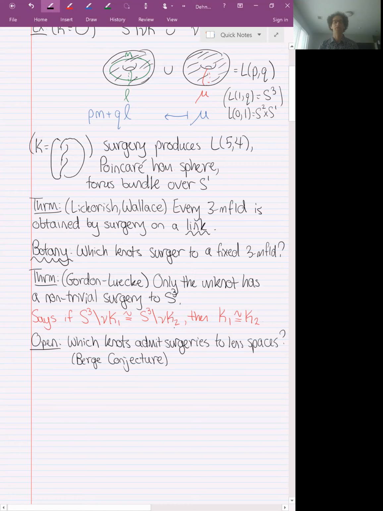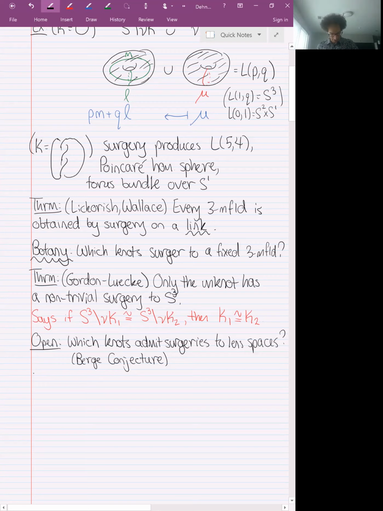I will say that this is known for some very simple lens spaces like RP3, but in general, we don't have a characterization. There's a conjectural list, but we have no idea how to prove that it's the correct one. Well, there are some ideas, but those ideas haven't panned out yet.